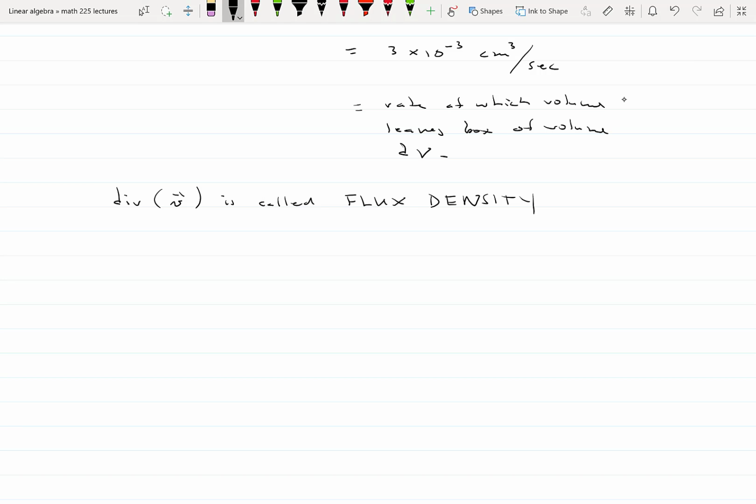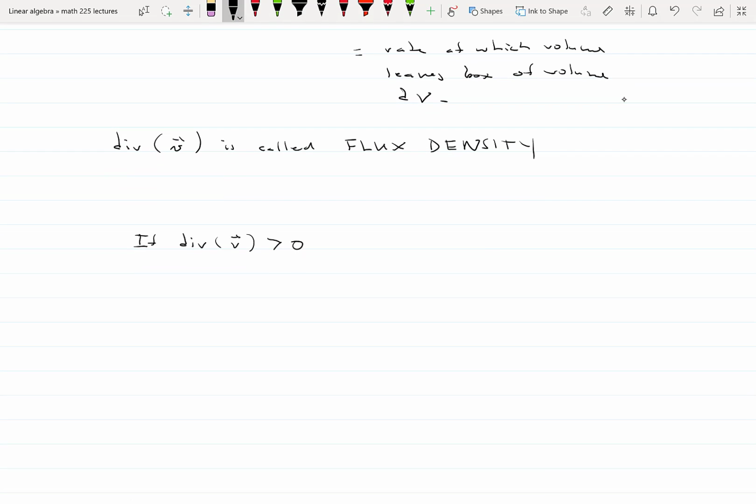If the divergence, and it is a scalar quantity, divergence takes a vector quantity and turns it into a scalar, is greater than 0, you can think about it as if this is the point XYZ, that the divergence tells you that the fluid is exiting, leaving through a small hole at the point XYZ.